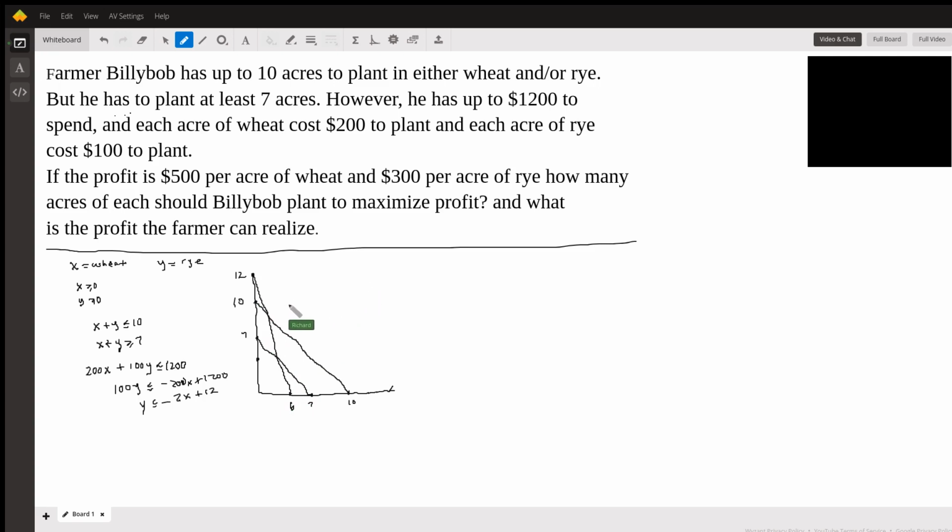And so the solution region has to be in this area here. Let me get some color going here, make it a little easier to see. This is going to be the solution region.